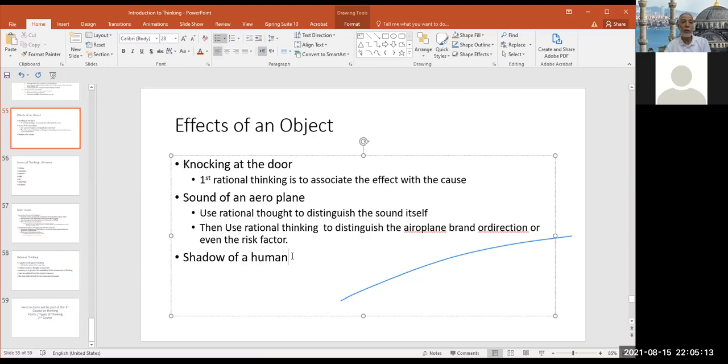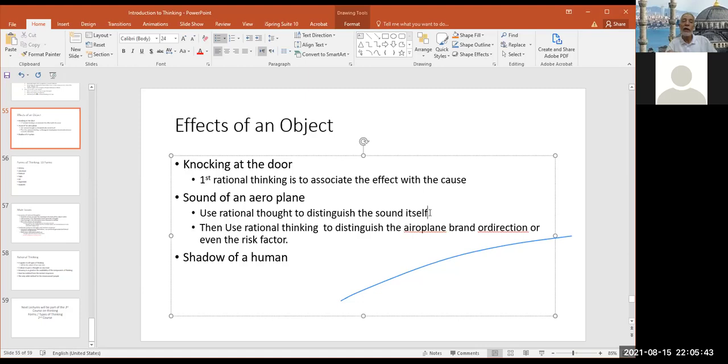As I said, the voice or the sound, that's the first rational thought, you came to the conclusion it is an airplane. Now, if you have previous information on different sounds, you can distinguish this is the sound of a jet fighter, so you know it's a jet fighter.